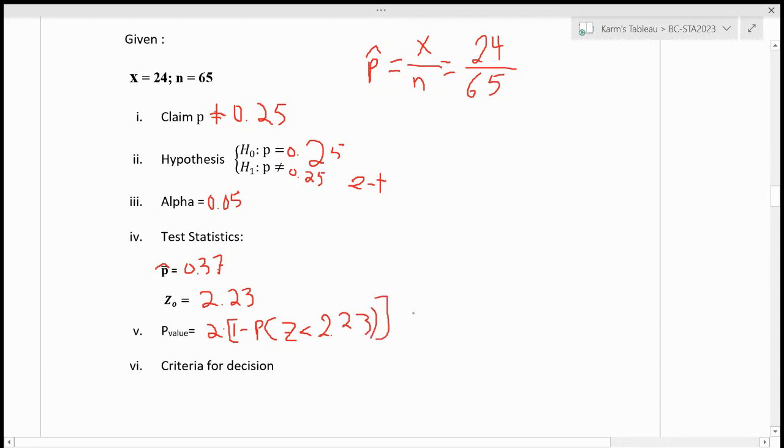And that's going to give you 2 times 1 minus, and I'm going to look at Adam's answer, which is 0.9871.